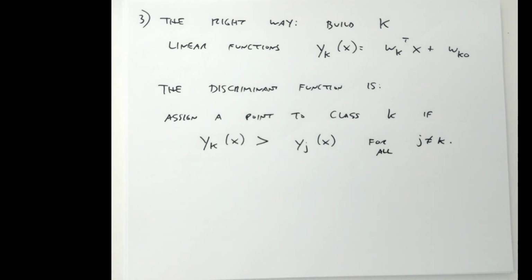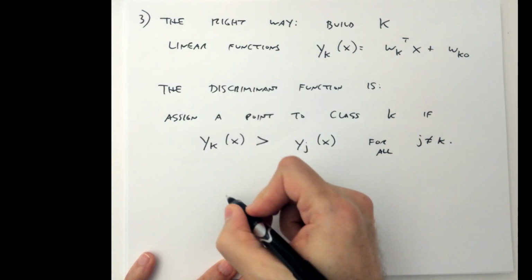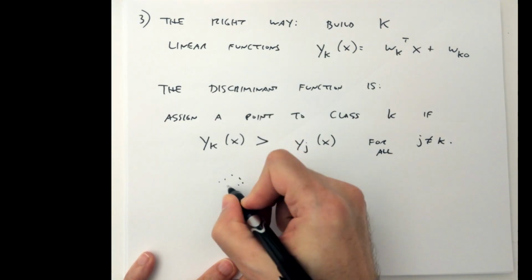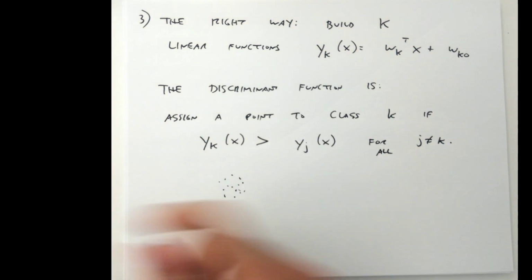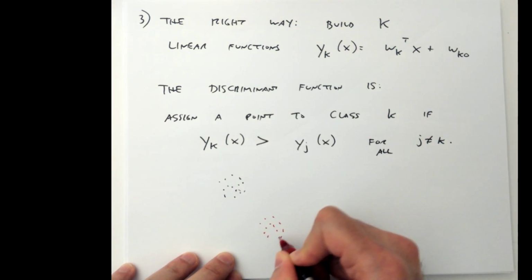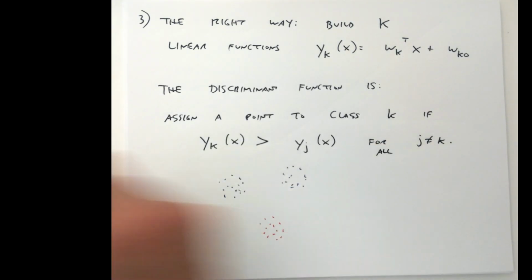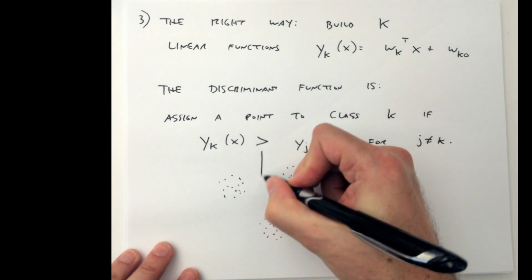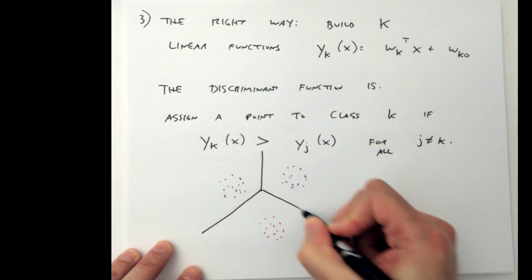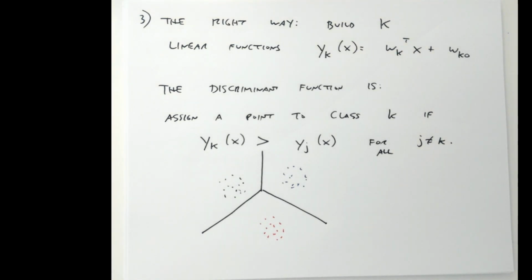So this results in decision boundaries in the space that divide up the world into a set of straight lines, right? So again, if I have my class 1, class 2, class 3 situation, then the result of doing this is going to look something like this, where I have the plane split up into regions where it's clear that each point goes to only one of the classes.